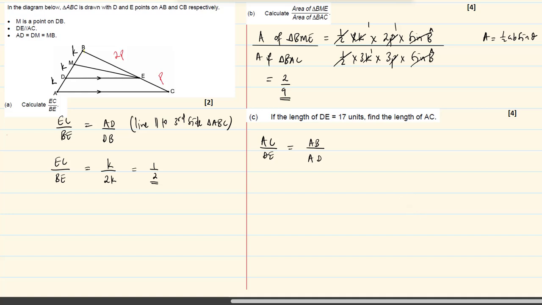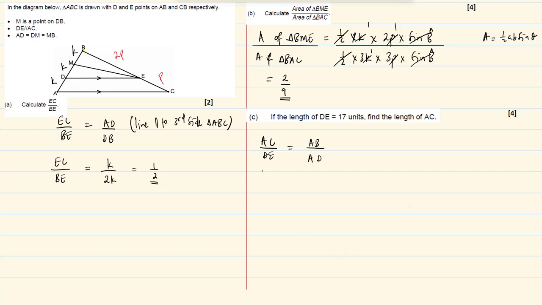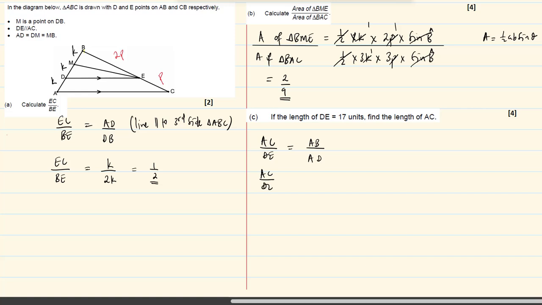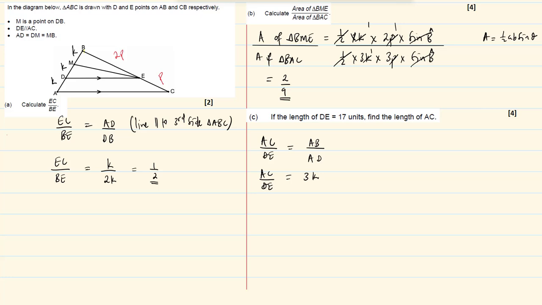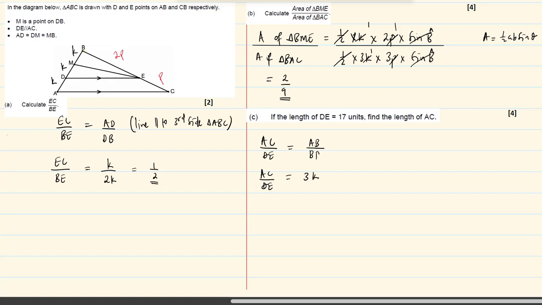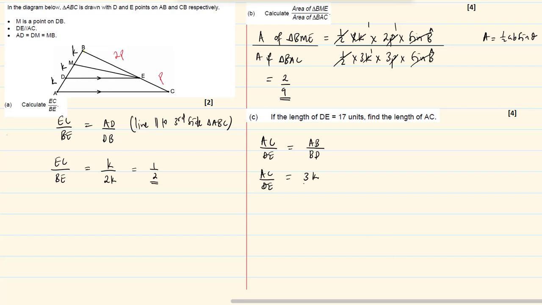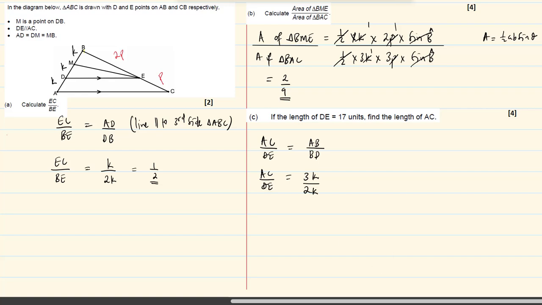So I'm going to say that AC over DE is going to be equal to 3K, that's AB, divided by, let's see, AB divided by BD. Sorry, here we wanted to say it's got to be divided by BD, and BD is equal to 2K units.